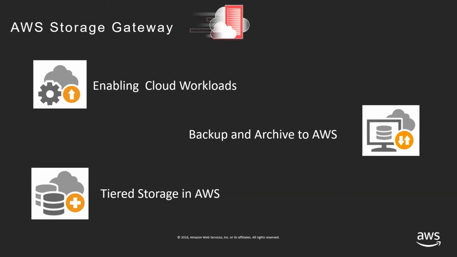It's a drop-in replacement for tape and tape automation if you're currently using that method, and you can use leading industry backup software packages. You get the performance of a local disk because the gateway is running locally to you, but it backs up into the cloud and it scales on the back end without interruption to your current systems.